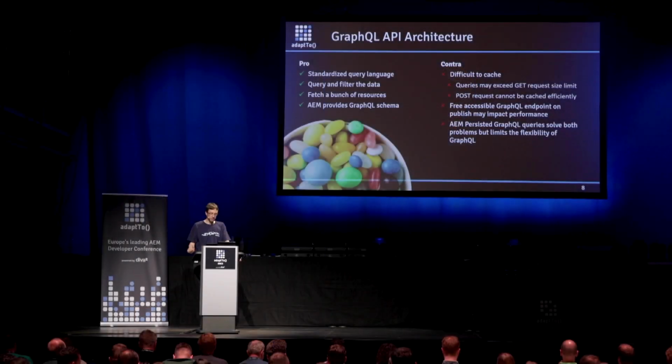Of course, for both, there's a solution. Using persisted queries in AEM, you can A, make everything cacheable, however complex the response is, and B, in the same case, limit the access to your GraphQL endpoint, not allowing any query, but only the queries you publish.